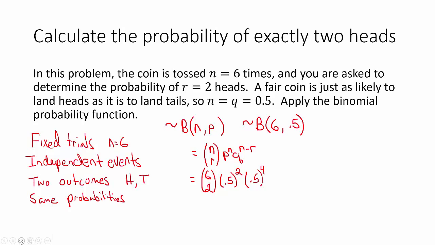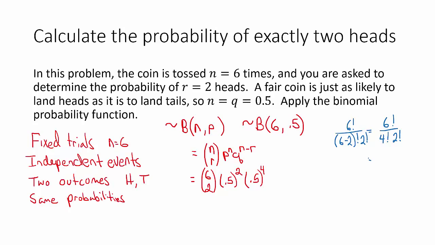Now, we're going to have to take care of that coefficient at the beginning first, so that combination. You could pull out your calculator at this point to do that, or you could calculate it by hand. So we would have 6 factorial over 6 minus 2 factorial times 2 factorial, which would simplify to 6 factorial over 4 factorial times 2 factorial.